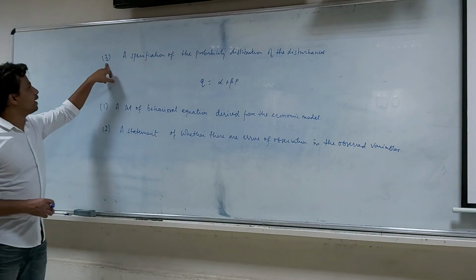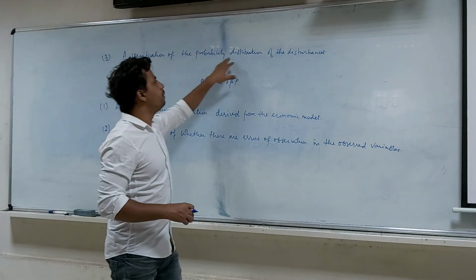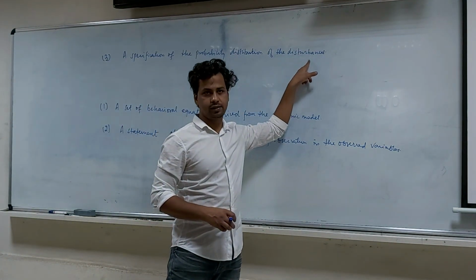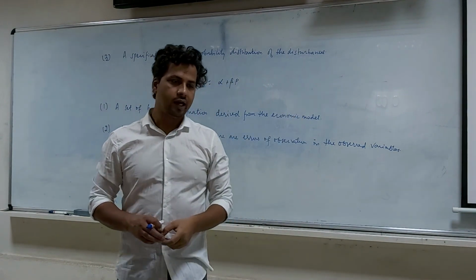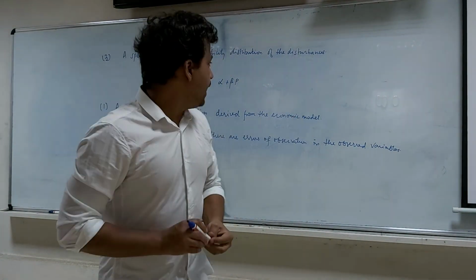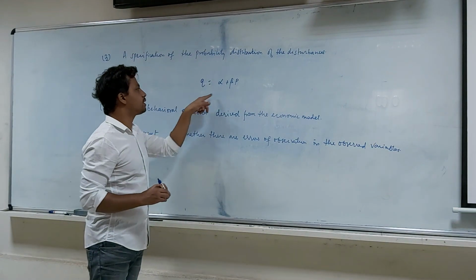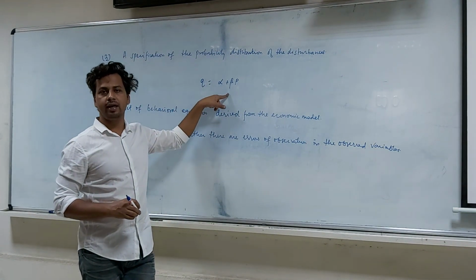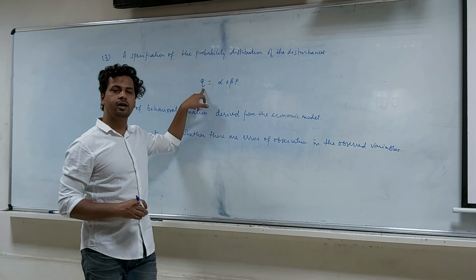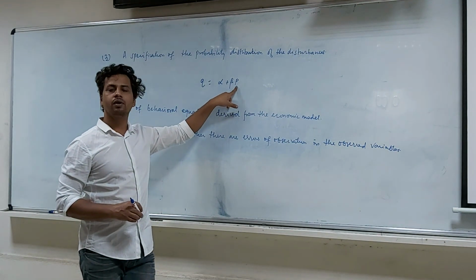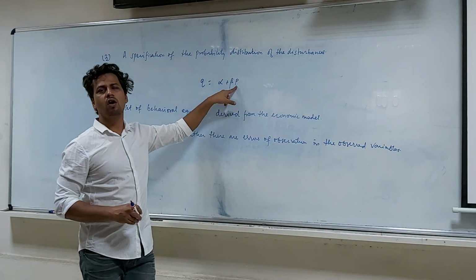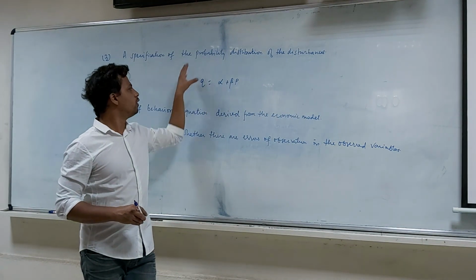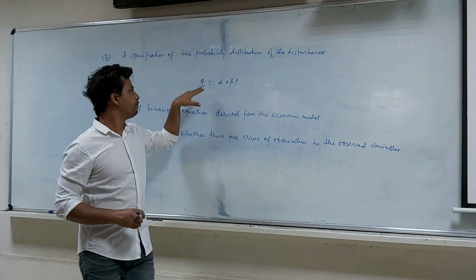And the third thing is a specification of the probability distribution of the disturbances. Now this is very, very important. If the relationship were a precise deterministic relationship between quantity demanded of a commodity and price of a commodity, there would not be any need for a model to establish this phenomena.